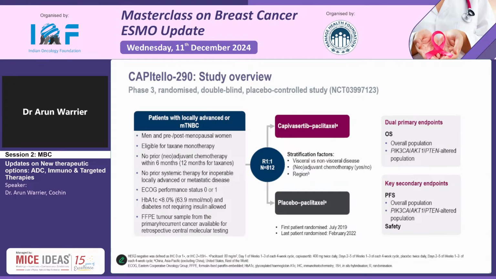And again, we know the HbA1c, the sugar control, has to be optimized, and definitely they have to analyze the tumor sample. There were good numbers: 812 patients, 1:1 randomization to capivasertib or placebo plus paclitaxel. There was a dual primary endpoint of OS in the overall population as well as in the PIK3CA/AKT1/PTEN altered population. Secondary endpoints were PFS and safety.